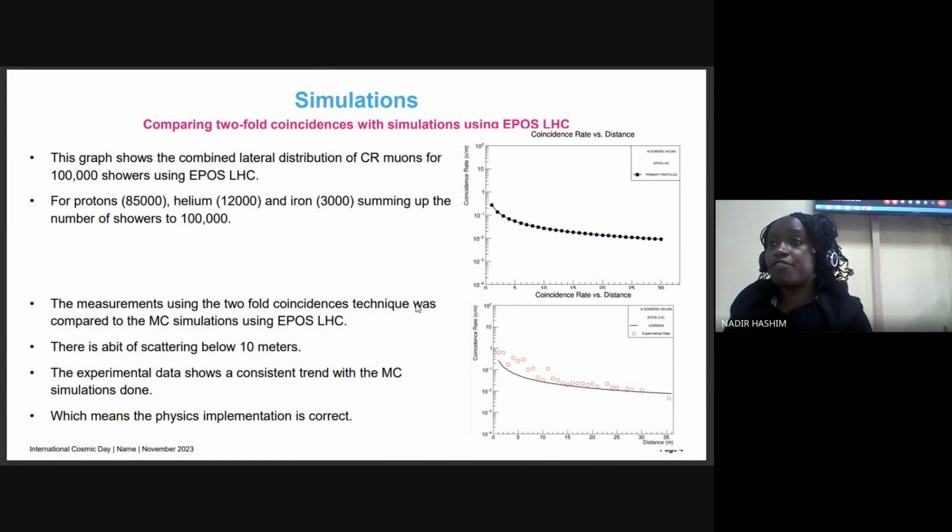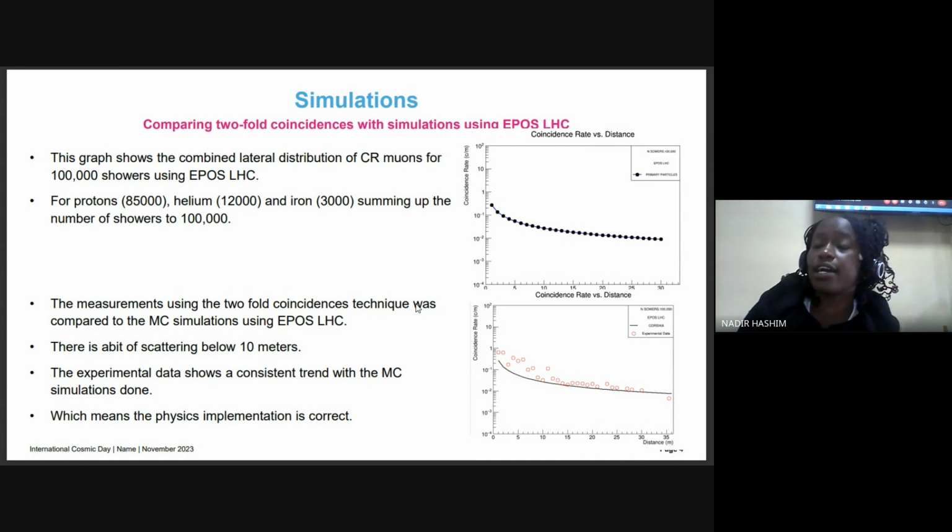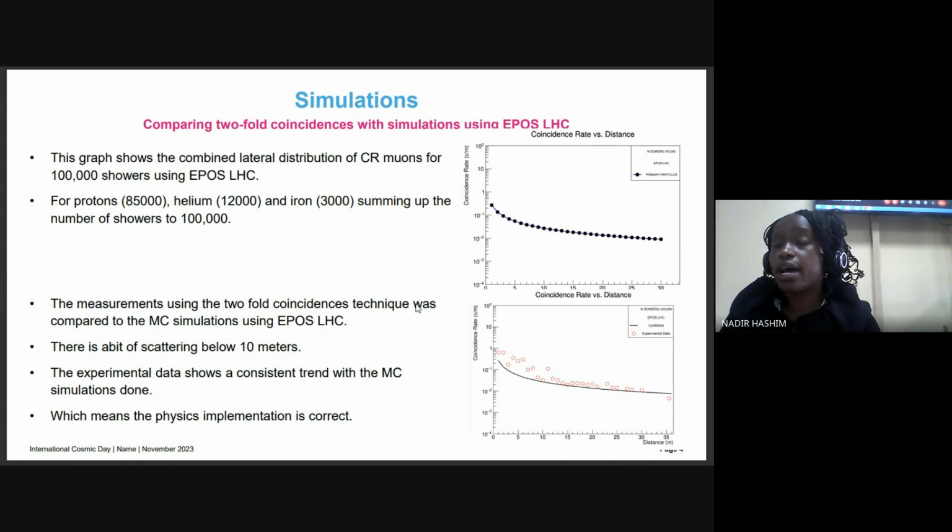Again, I have not particularly put it in the presentation. As you have heard from Daktari, we can go back to the shower and particularly learn the percentages of the initial particle. I've also done that, and I have attained 85% for proton with a plus or minus 24% and a bit of high uncertainty.